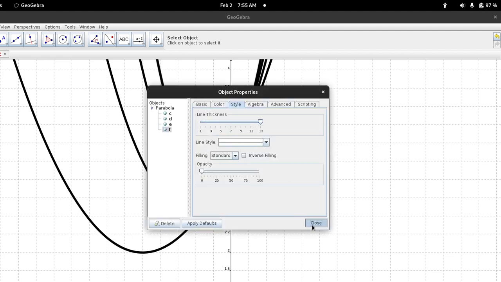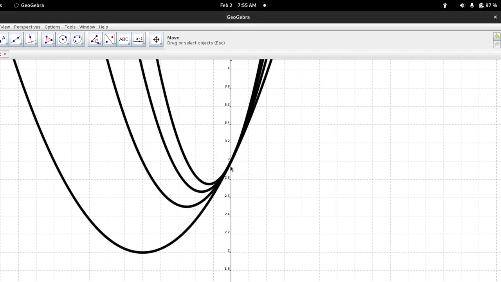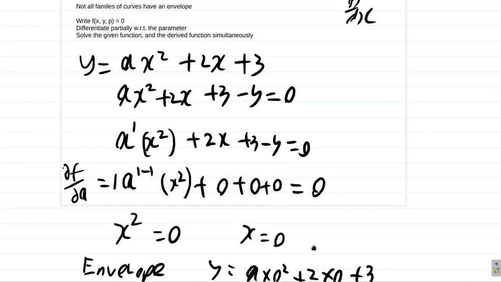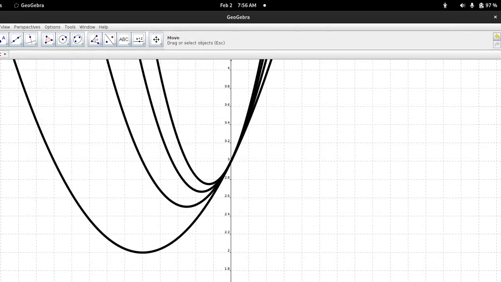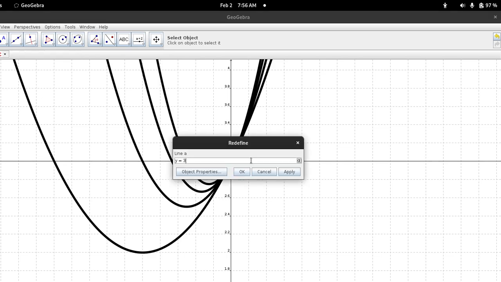Alright, so here now. These are the family of curves, the various curves that we have. Now, what was the envelope? The envelope is y equals 3. So we put in y equals 3, and this is the envelope that we have here.